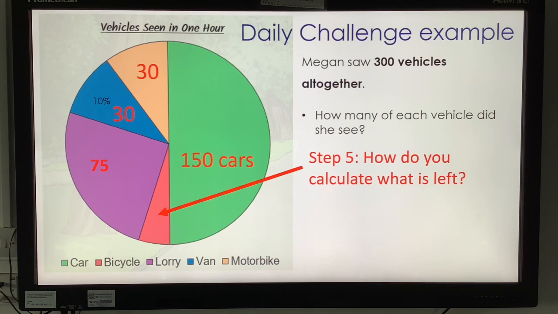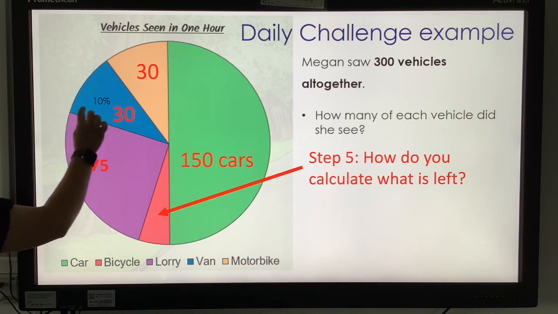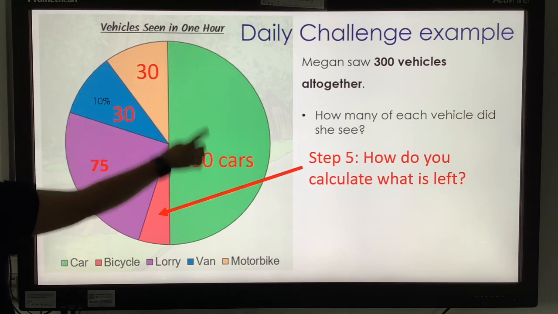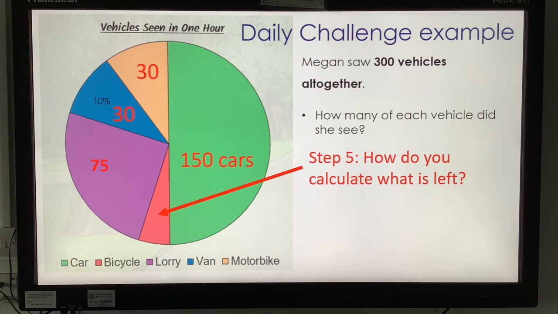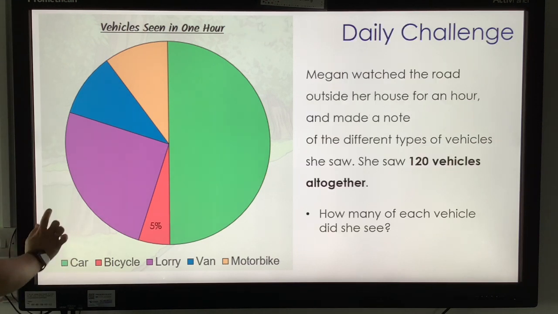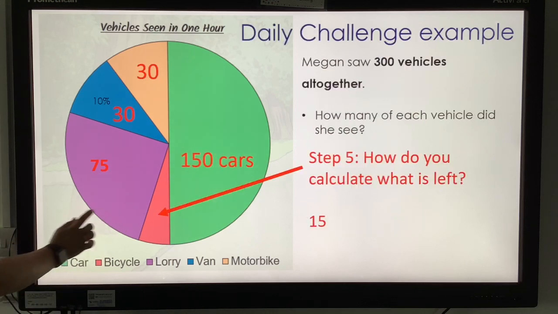You could also add up your percentages if you wanted to. You know that this is 50%, you know that this is 25, and you know that these are 10. So you could calculate your missing percentage, and then you could find that percentage of 300. But the answer is 15. I don't mind which way you calculated it, but there you go.